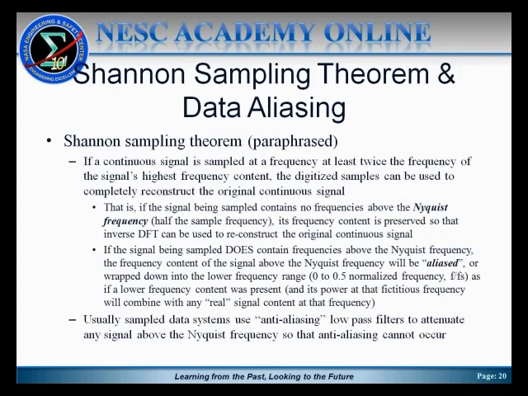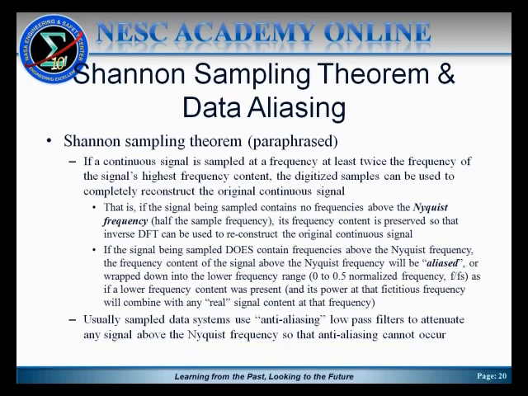As a final topic of today's discussion, we'll talk about what's called the Shannon Sampling Theorem and data aliasing that can occur if the signal being investigated is not sampled at a high enough rate. To paraphrase, the Shannon Sampling Theorem says that if a continuous signal is sampled at a frequency at least twice the frequency of the signal's highest frequency content, then those digitized samples can be used to completely reconstruct the original continuous signal.